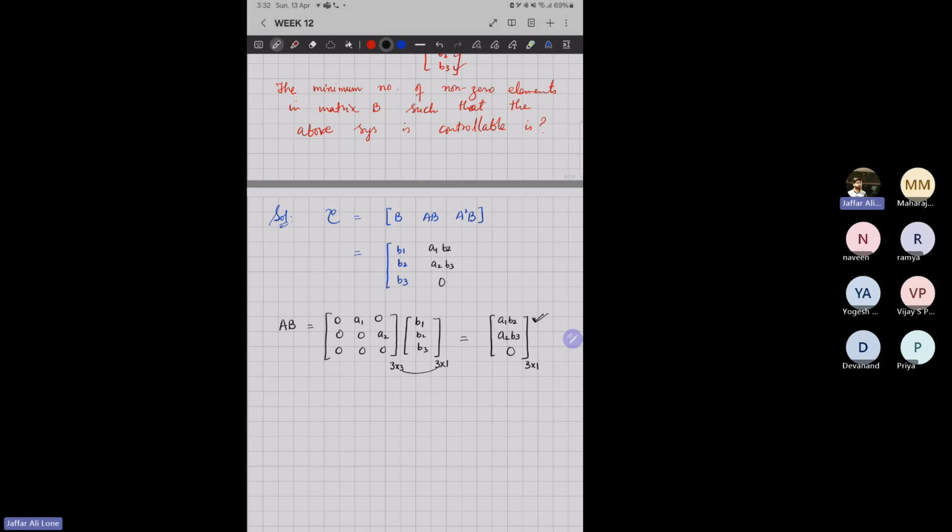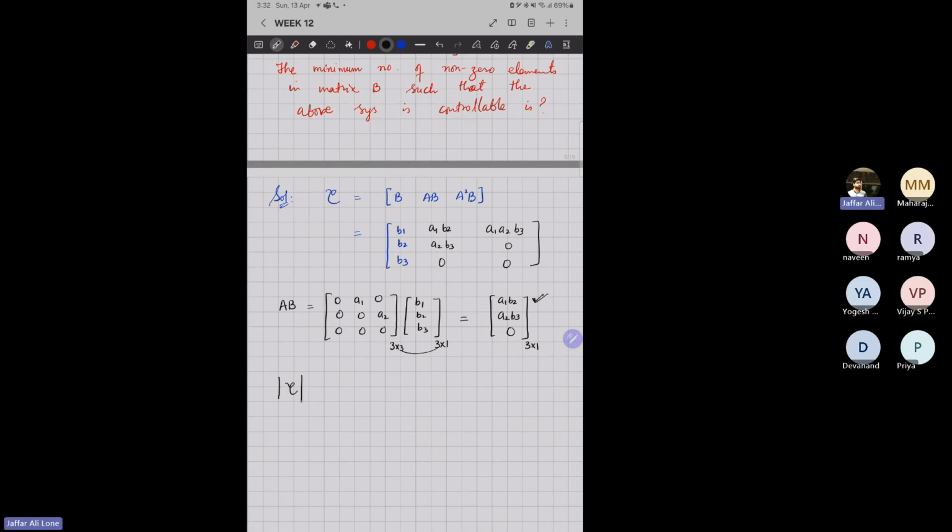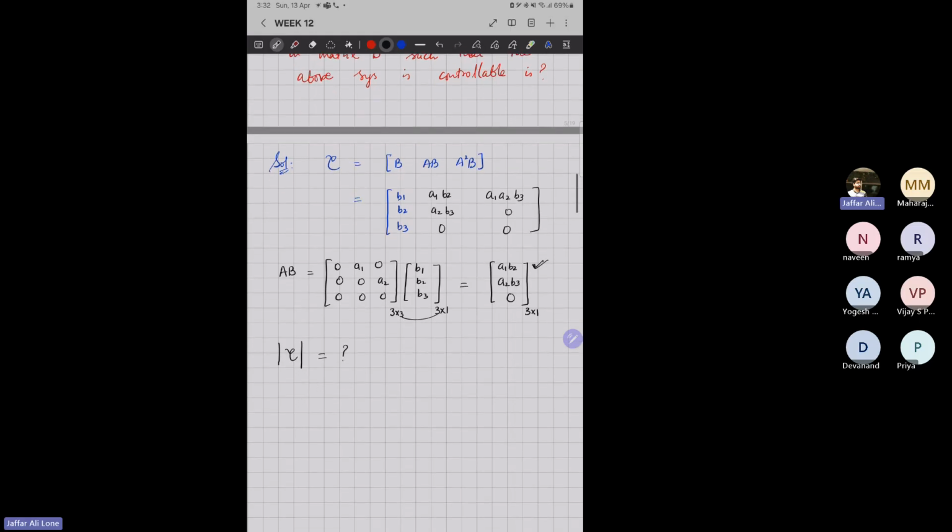Similarly, when you compute A square B, what you will get is A1 A2 B3, 0, and 0. Now compute the determinant of this MathCal C, the controllability matrix. It will be easy to expand it along any side.